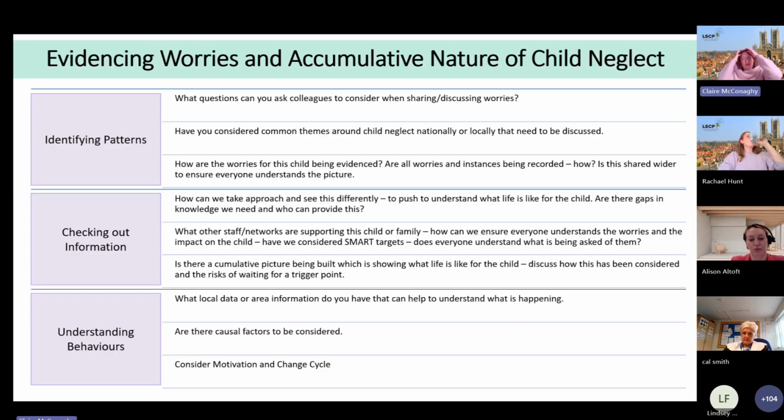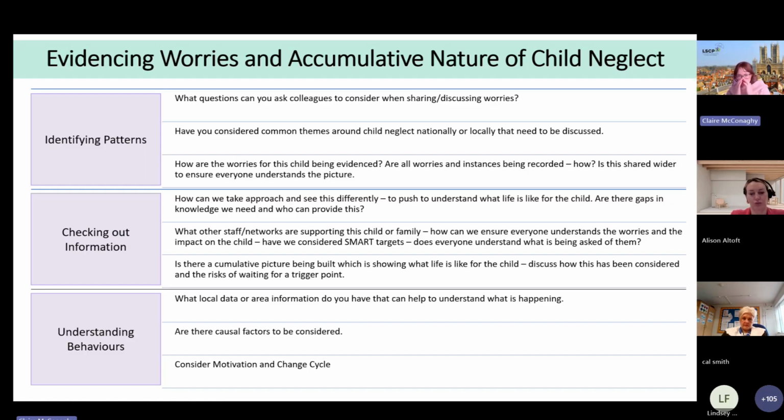I think it's maybe helpful to think about the evidencing of the worries and the cumulative nature of child neglect now. So, the tools, the resource and scales to help with these areas. We wanted to break down 3 areas where we think the tools can be really helpful.